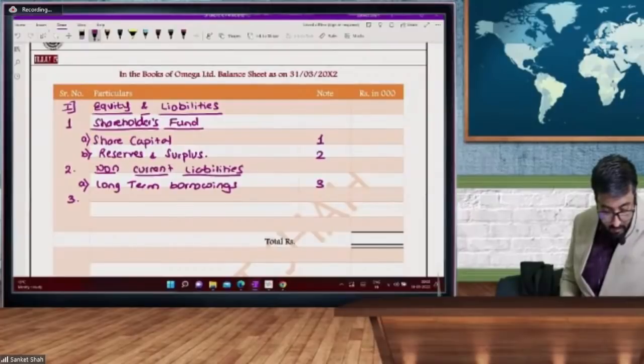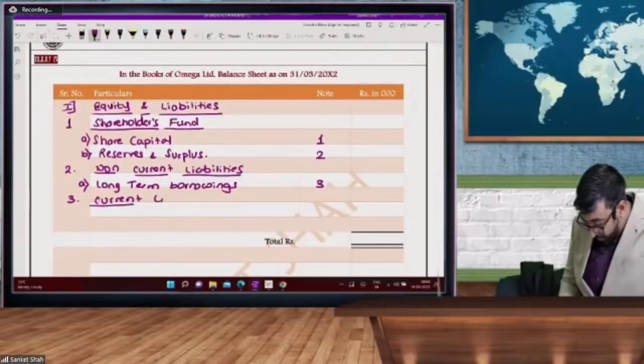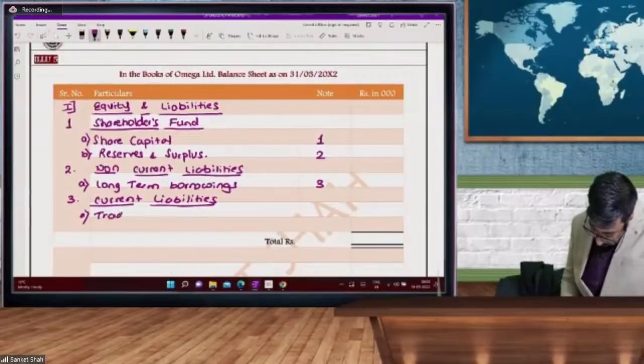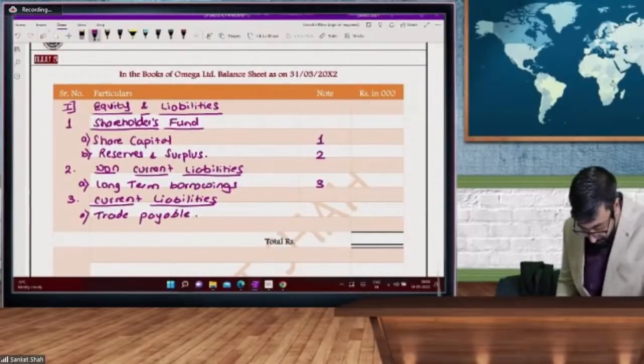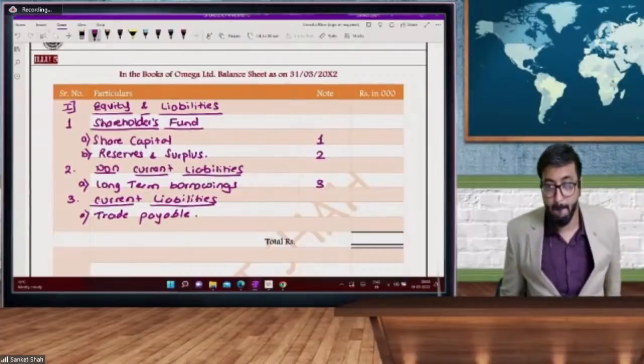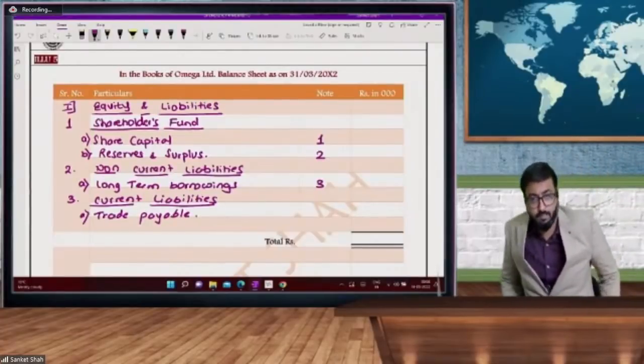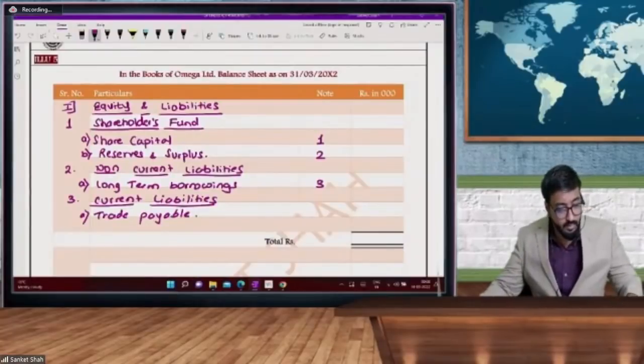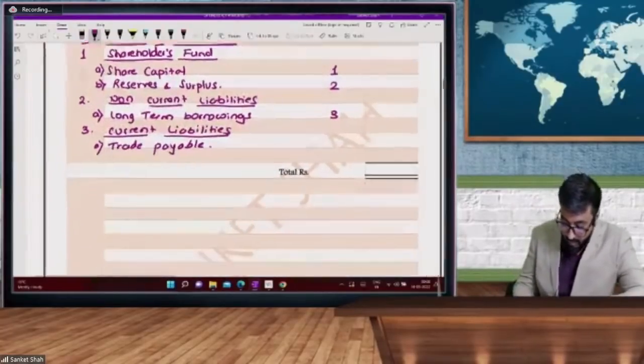Number 3, current liabilities, trade payable. Trade payable total.